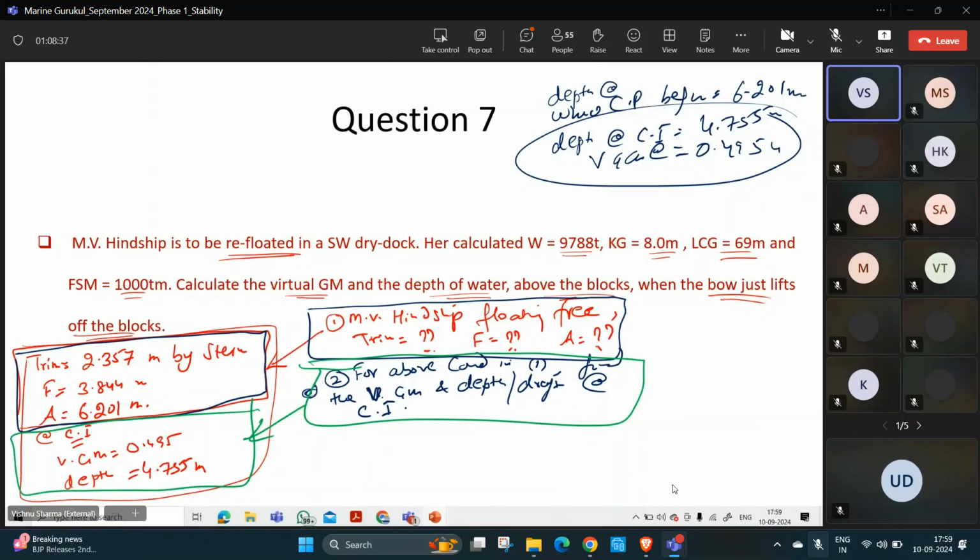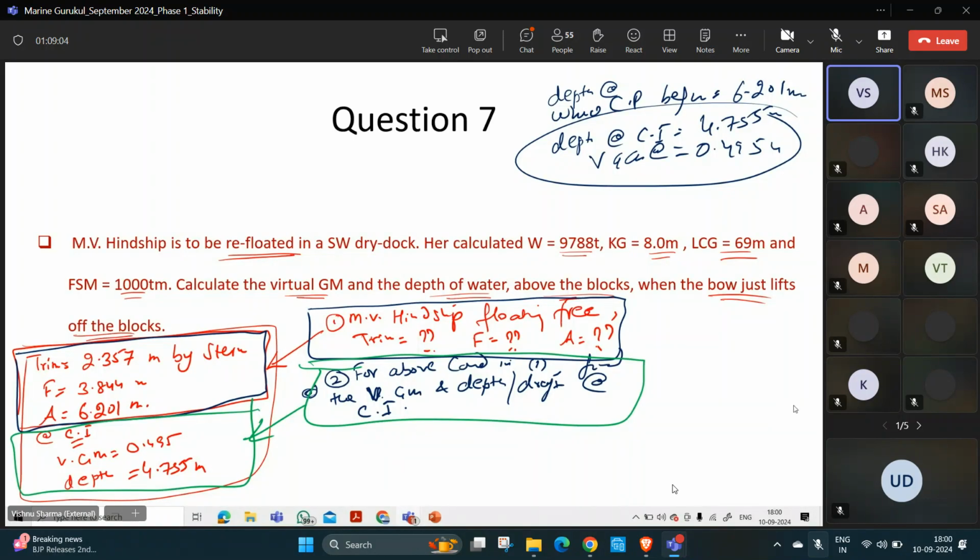Now, when this ship is docking, at what draft forward will the bow just sit? At what depth will the bow just sit on the blocks when she's docking? Tell me. 4.755. Very good, because that is the critical instant.